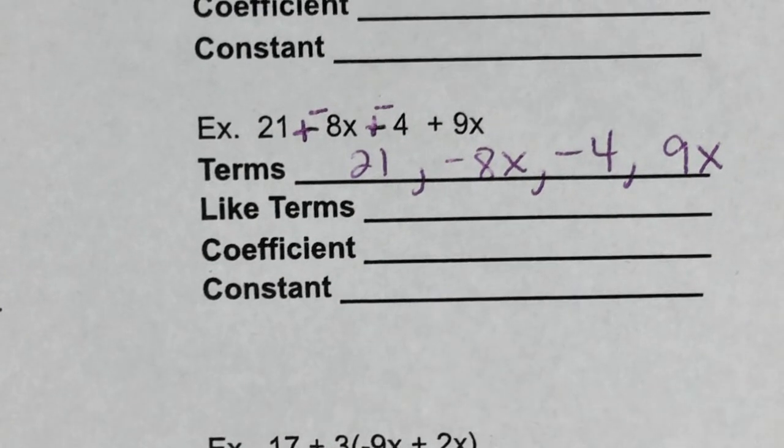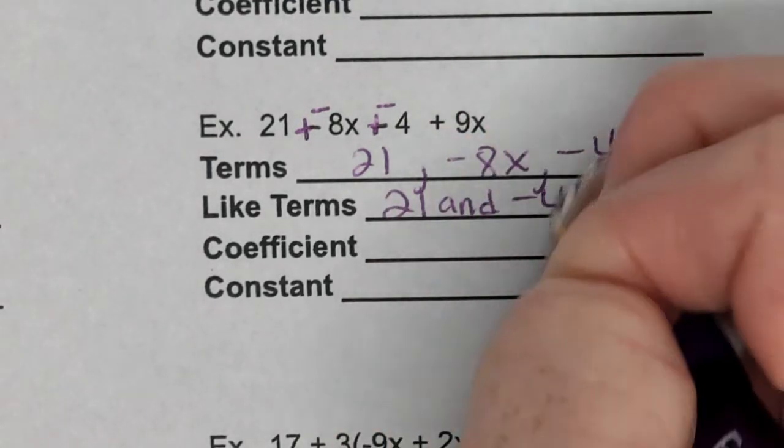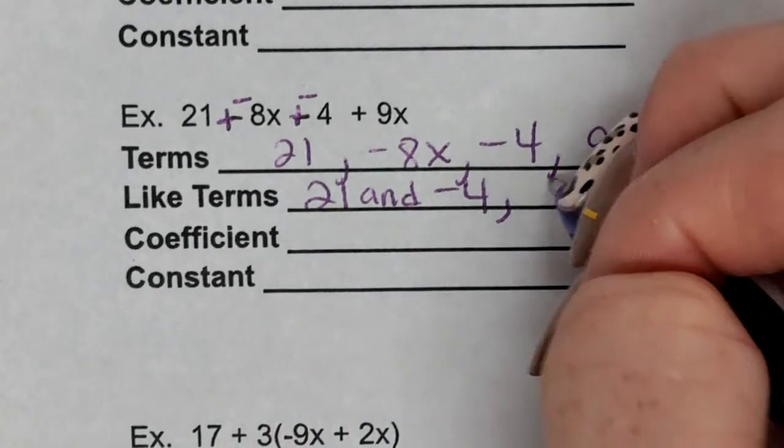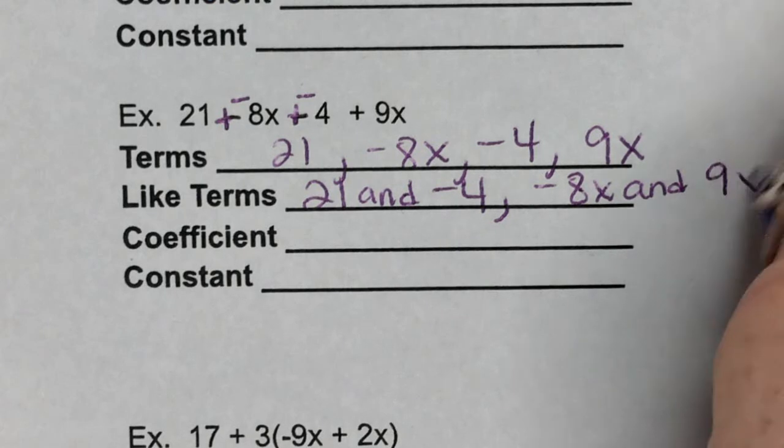Are there any like terms? Yes. What are they? 21 and negative 4, comma, what are my other two like terms? Negative 8x and 9x.